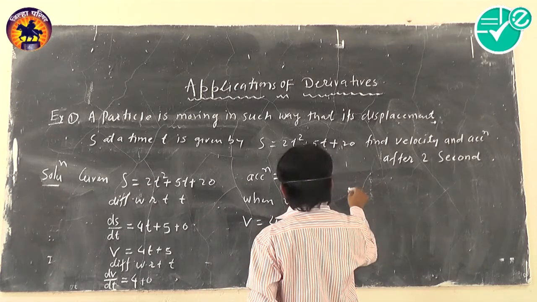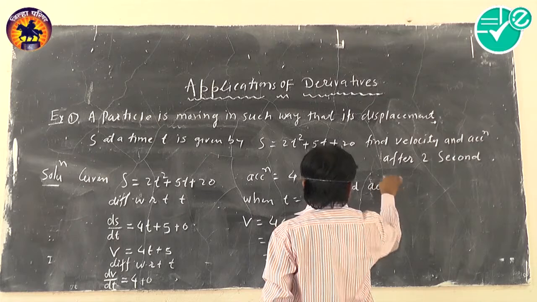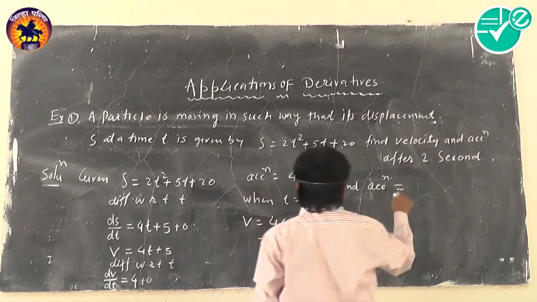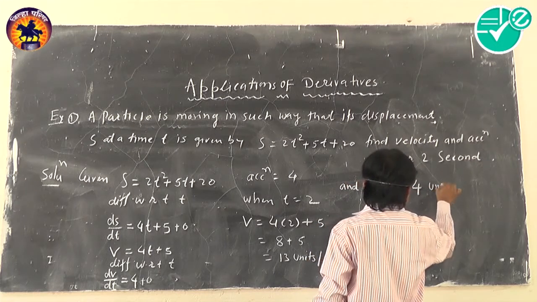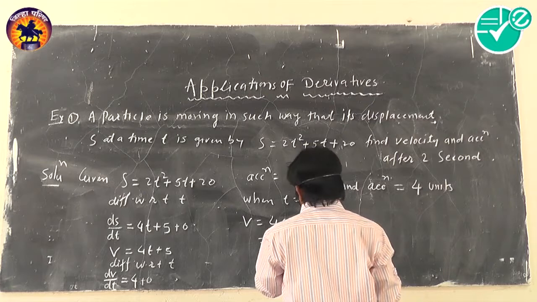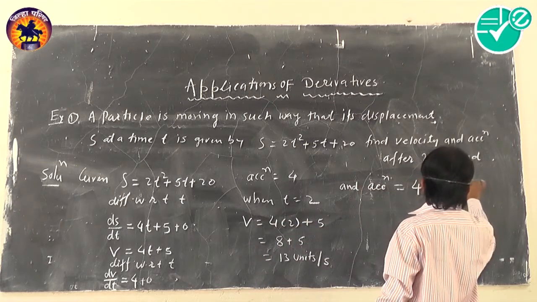and acceleration is equal to 4 units when t is equal to 2, since there is no variable t present. Therefore, we can write acceleration is equal to 4 units per second square.